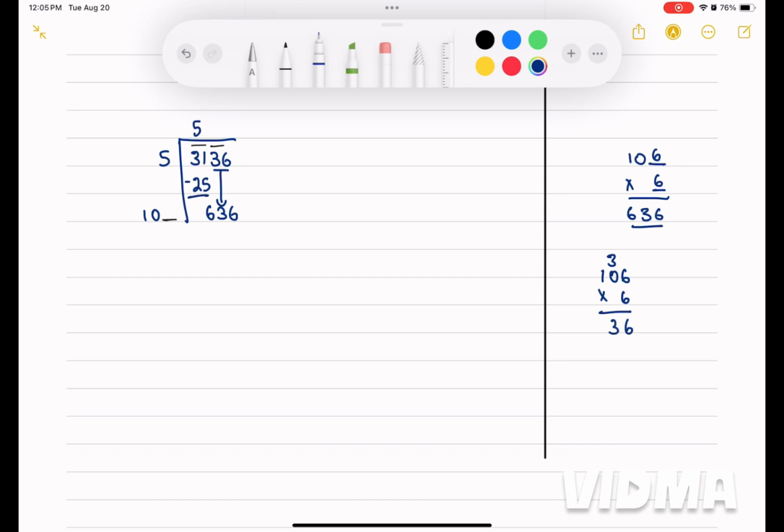Perfect. You could even go with smaller numbers, like 104 into 4, because 4 into 4 gives 16. So you're going to be matching the ones digit. But this does not give us the answer. So 106 into 6 is 636. There you go. Our answer is 56.